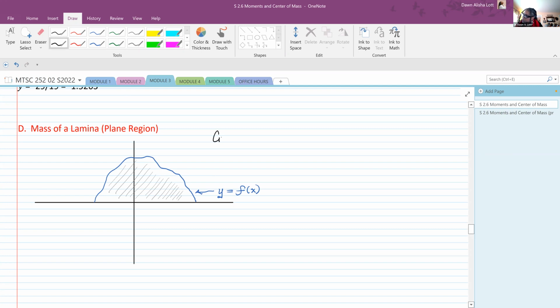Okay, so now x bar, y bar is going to be a little bit different here. The reason why is because this has a whole region of stuff with a density that's defined for everything, and it's not just point masses. So let's find an xk, and here's the xk.